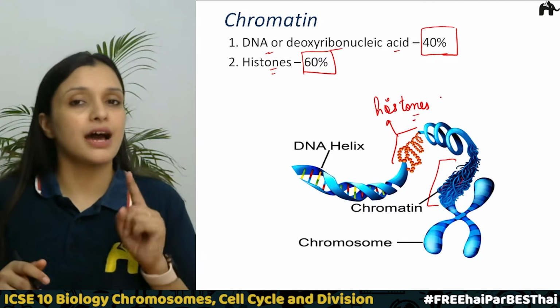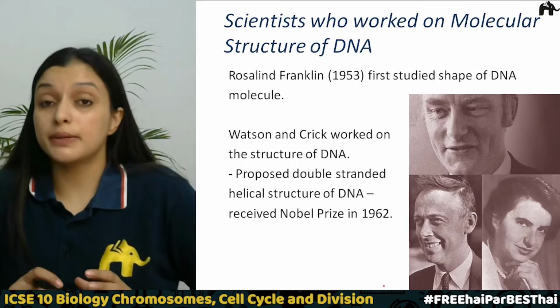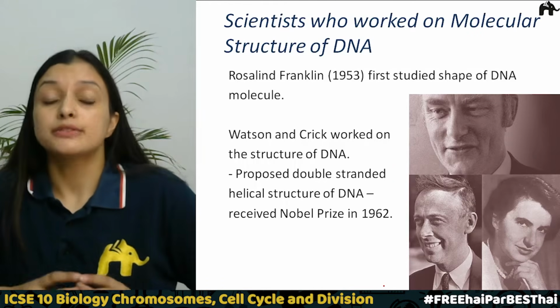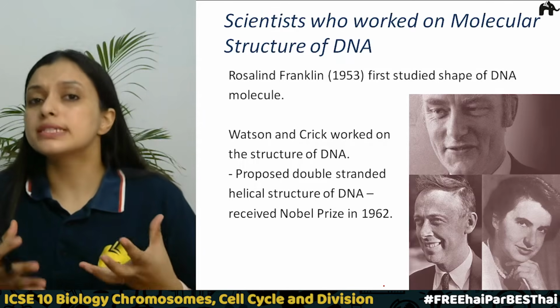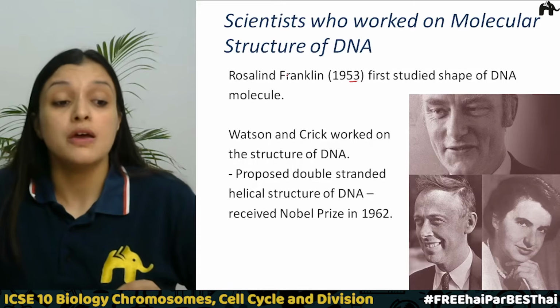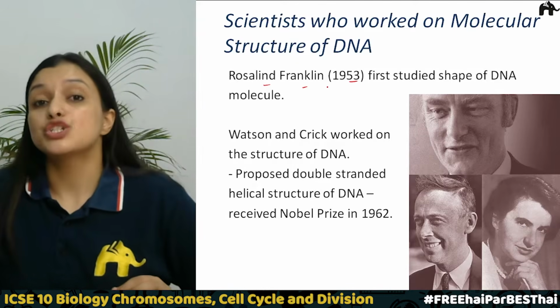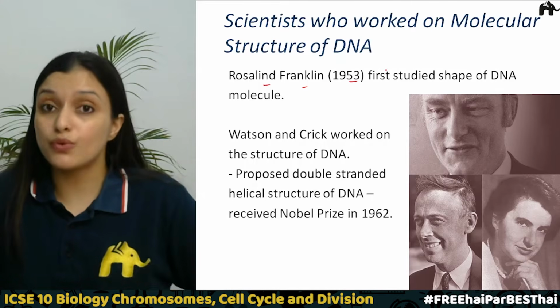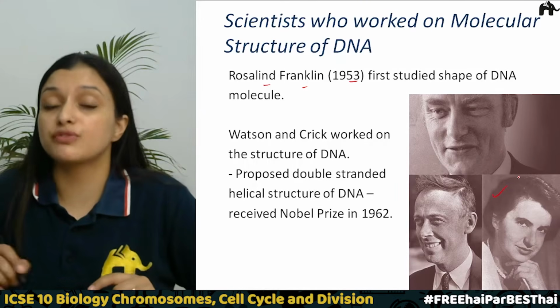Let us see our next topic. Now talking about the scientists who worked on the molecular structure of DNA. This all started in the year 1953, when Rosalind Franklin studied the shape of the DNA molecule.